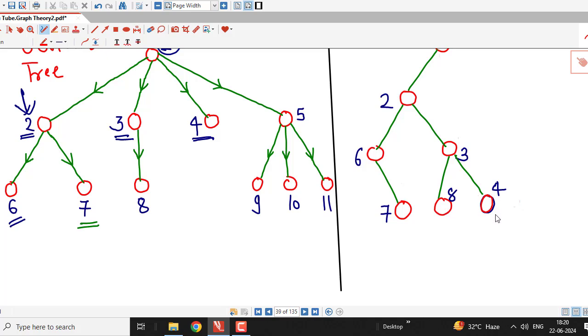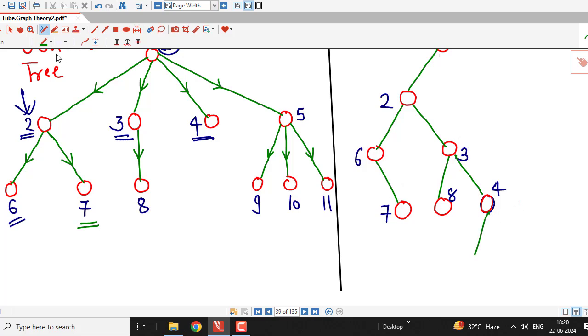It has no children. Now left child of 4 equal to leftmost child of 4 in general tree, but 4 has no child, therefore 4 has no left child in binary tree. And right child of 4 equal to right sibling of 4 in general tree, and right sibling of 4 is 5 in general tree, therefore we will join 4 with 5.